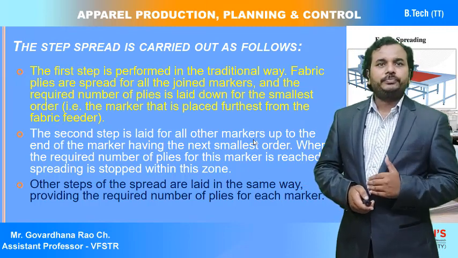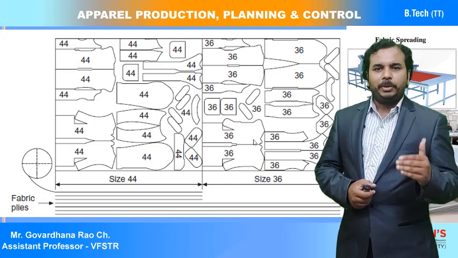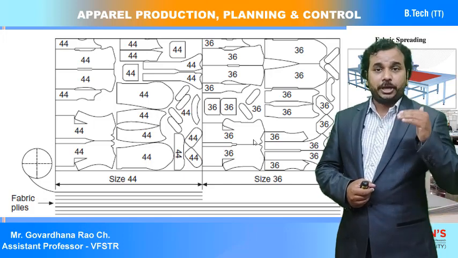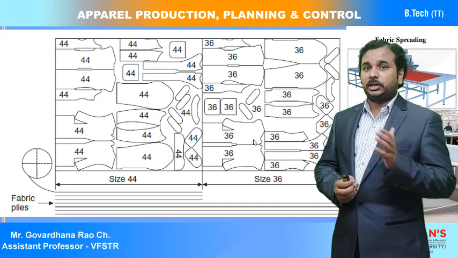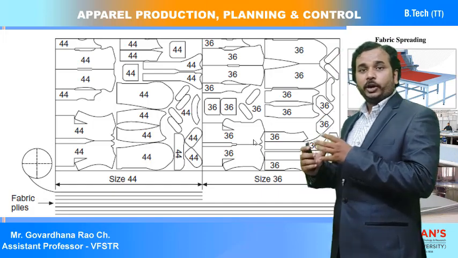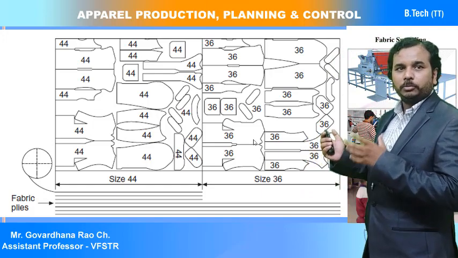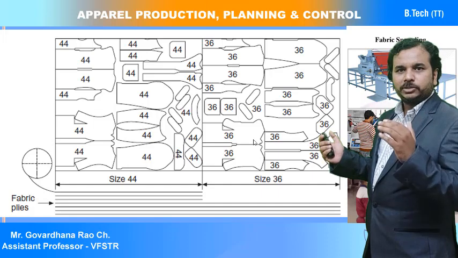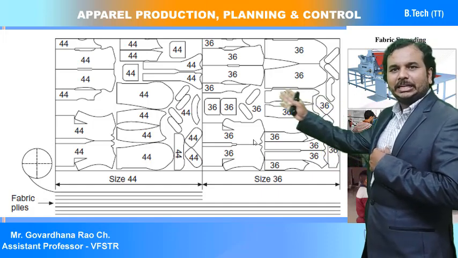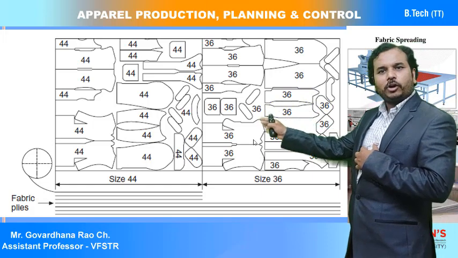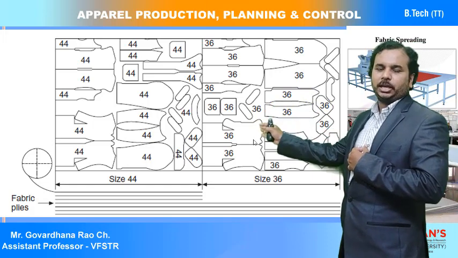Then you can observe here the step kind of fabric plies. You can observe the 44 size and the 36 size. In the 44 size, the total number of plies is 3 plus 4, total 7 plies. And in the 36 size, only 4 lays are there.